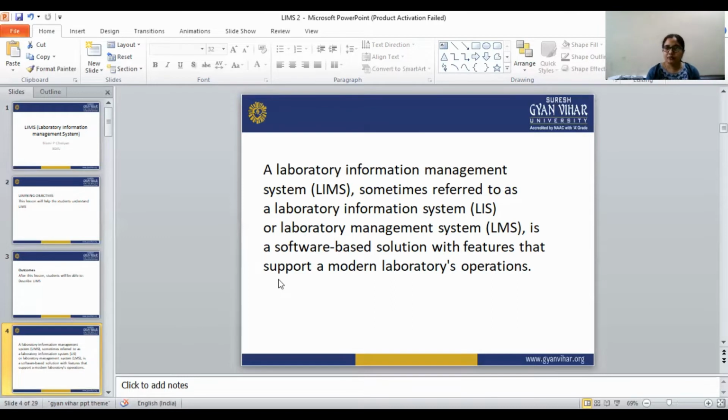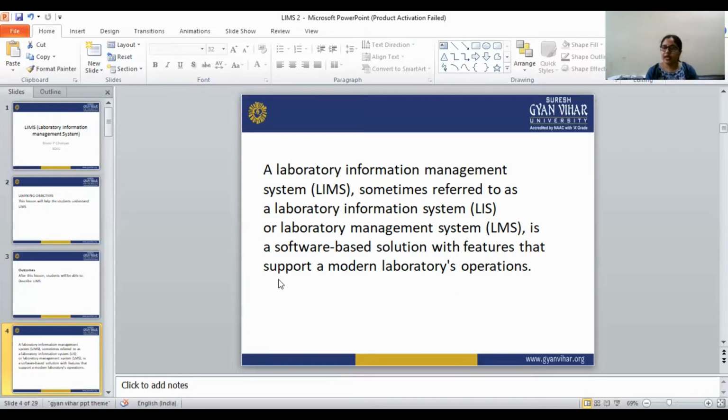The second one is pre-configured LIMS. In the pre-configured LIMS, there are already some configurations present in the particular LIMS, and the vendor provides some configuration tools with the pre-configured LIMS.